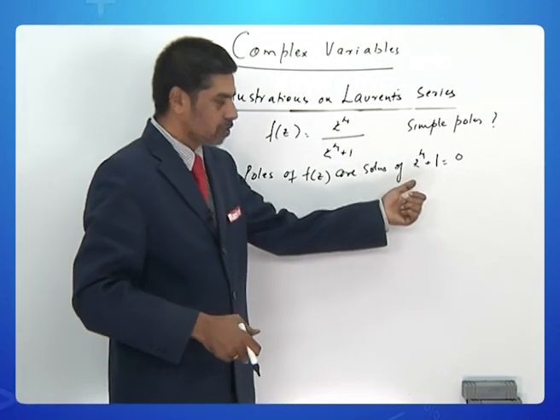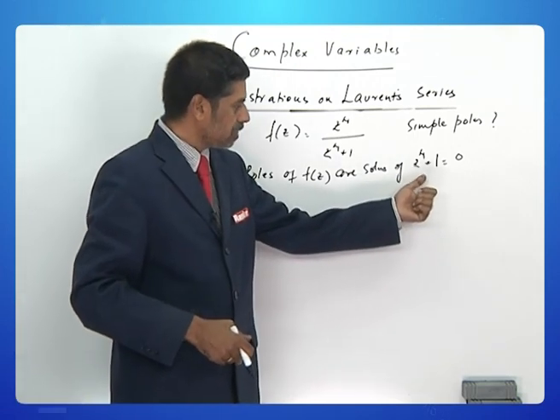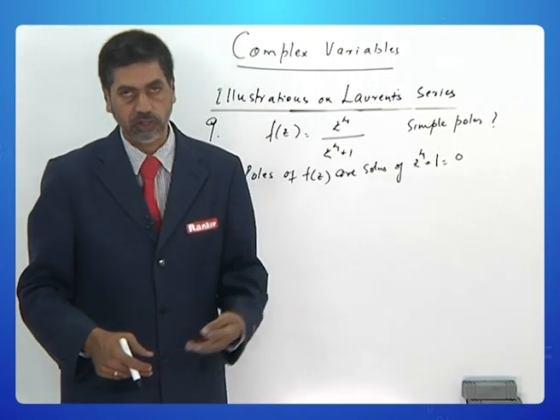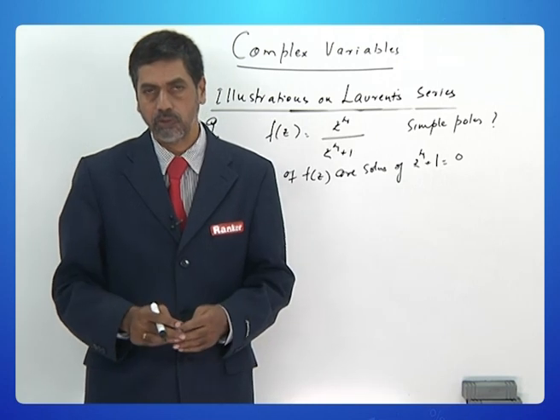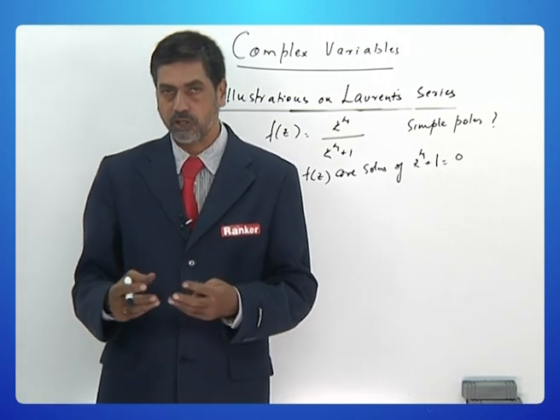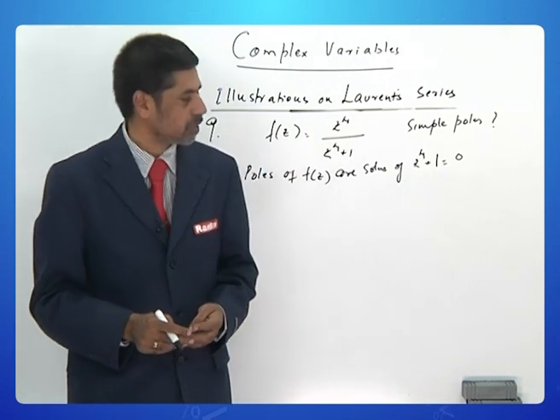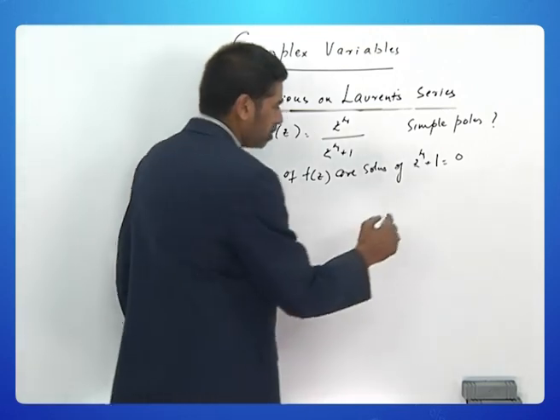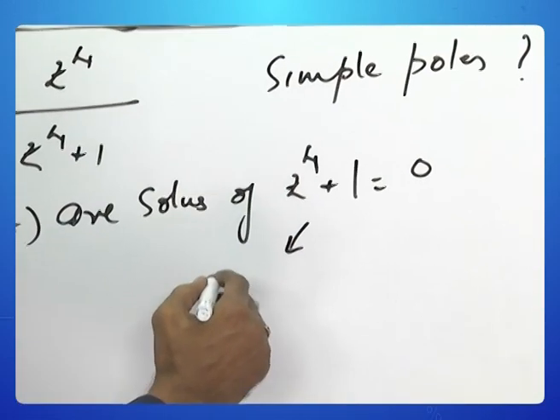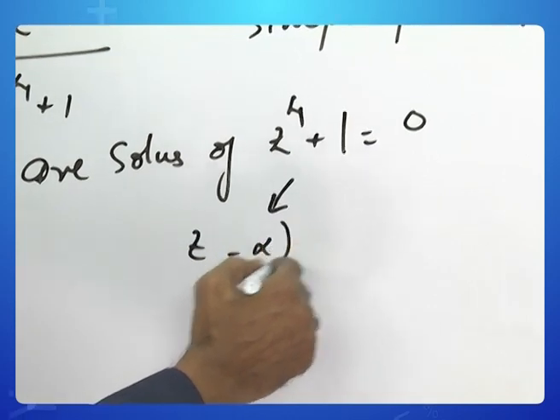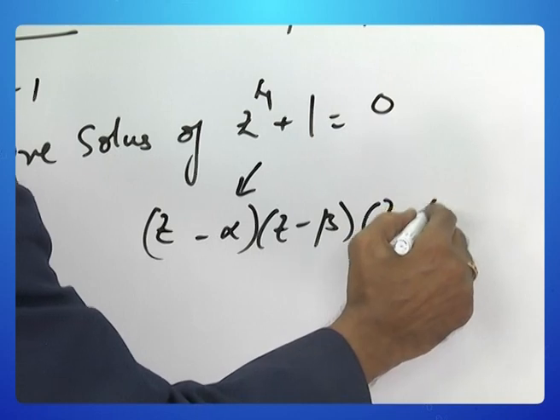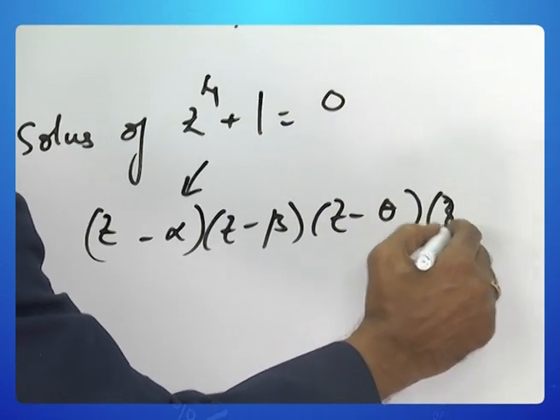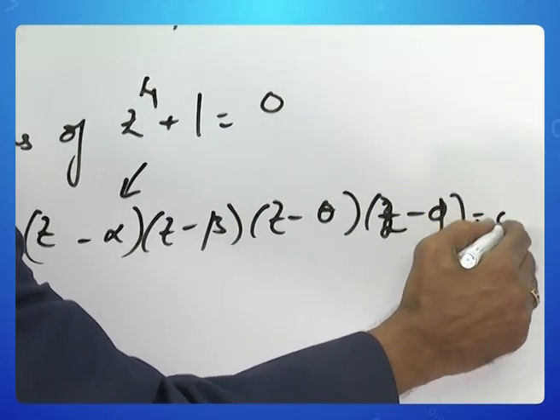All of us know we are in complex analysis, therefore this equation produces 4 values of z. So you are going to have 4 poles. Whether all of them are simple or not, we'll discuss later on. But the general structure of this factorization should be something like z minus alpha into z minus beta into z minus theta into z minus phi is equal to 0.